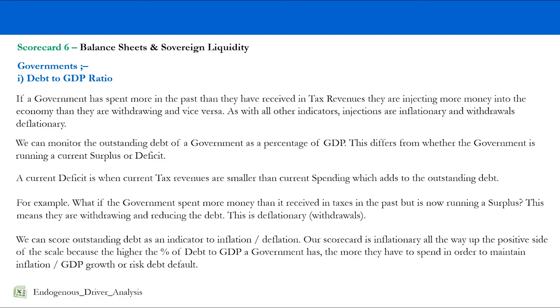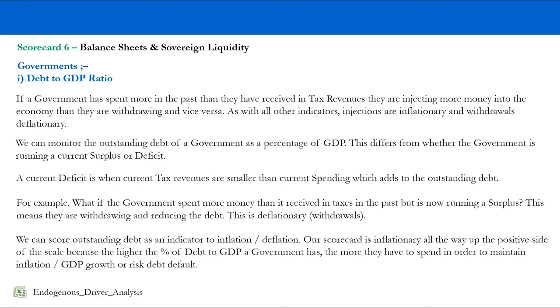Our scorecard will be inflationary all the way up the positive side of the scale, because the higher the percentage of debt to GDP is, the more they have to spend in order to maintain inflation or GDP growth, or they risk debt getting out of control and they risk default. So they actually have to go and spend more.